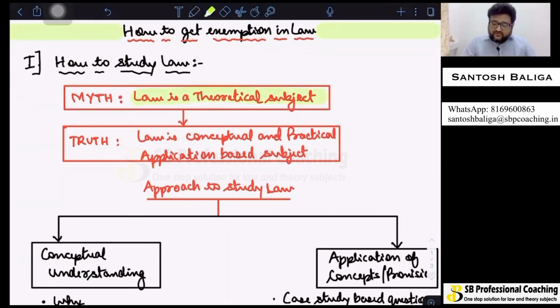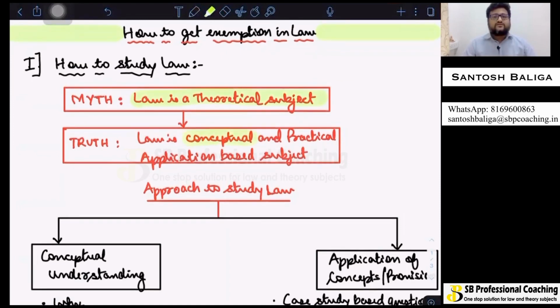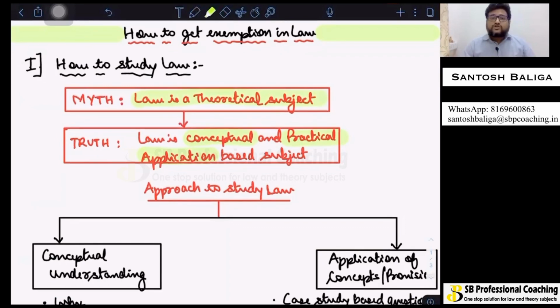Hence, law is a conceptual subject which has practical application, because all the questions that come into the examination are case study based questions or conceptual MCQs. Hence, what should be the approach to study law?